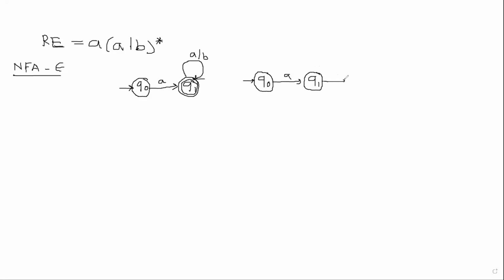Then from Q1 with a null move, I may reach Q2. Q2 we will consider as a non-final state, and Q2 will have a loop for A or B. And Q2 again has a null transition, and you may reach Q3, which is your acceptance state.